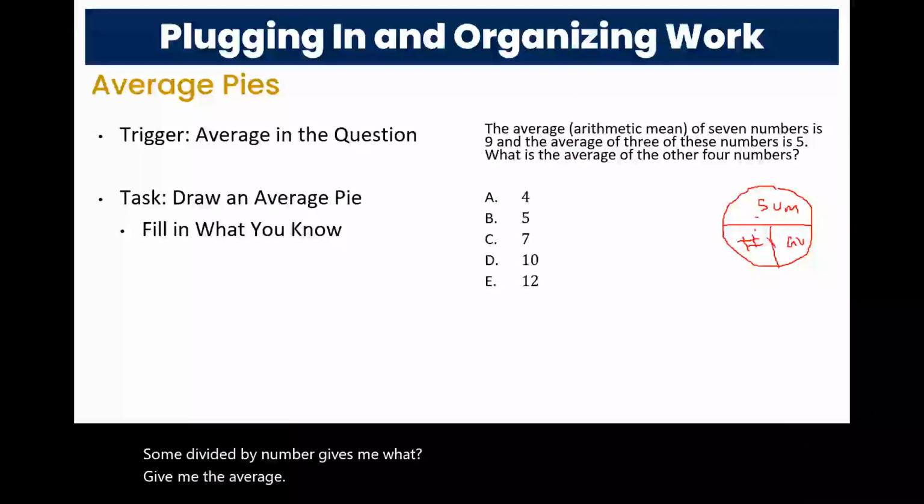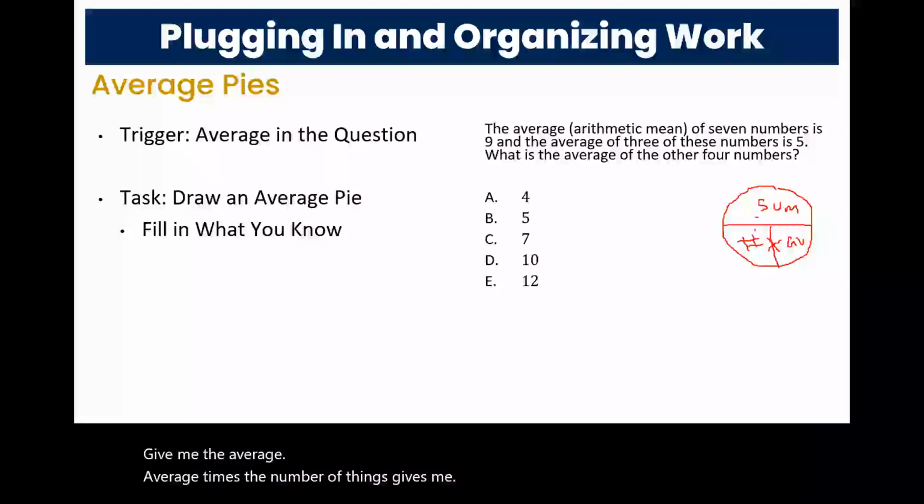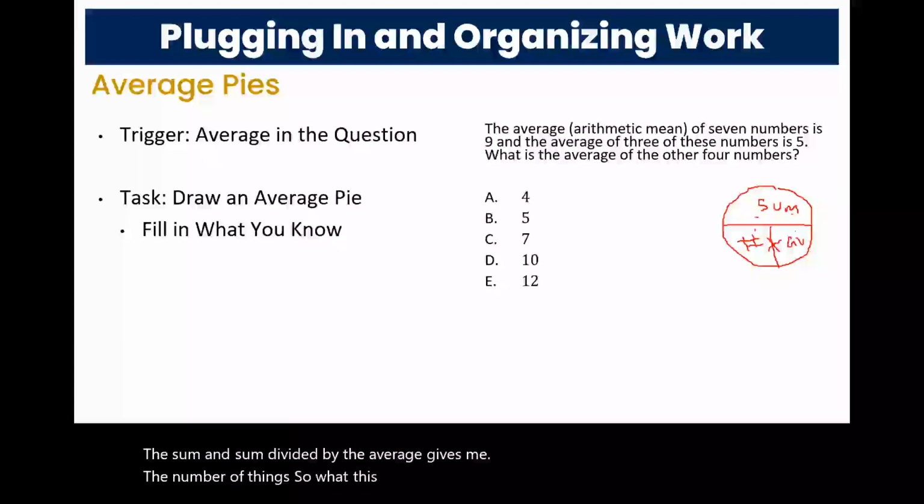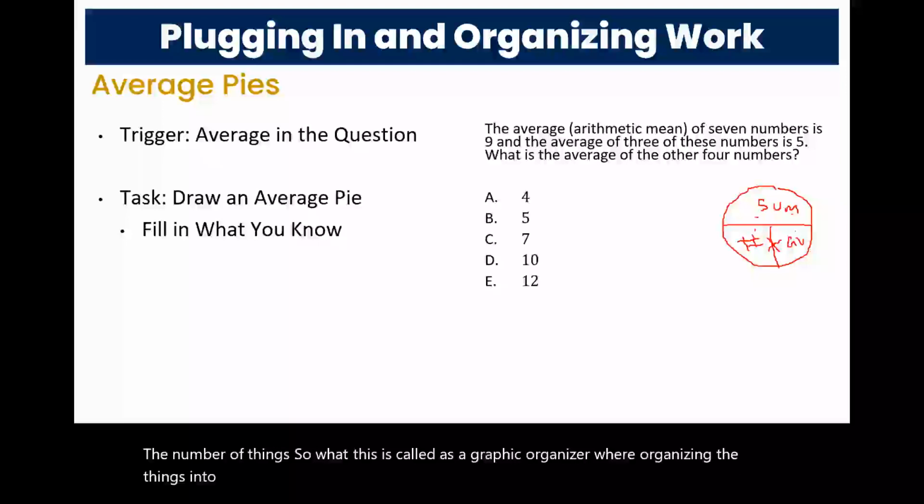Average times the number of things gives me the sum, and sum divided by the average gives me the number of things. So what this is called is a graphic organizer. We're organizing the things in a rational way that allows me to do something with it much more easily.